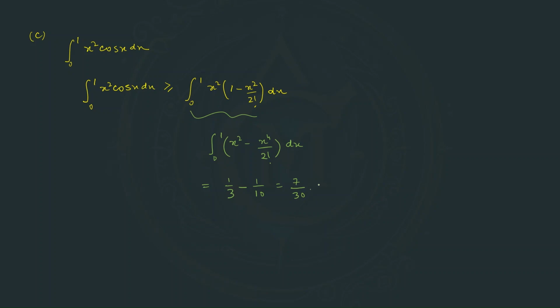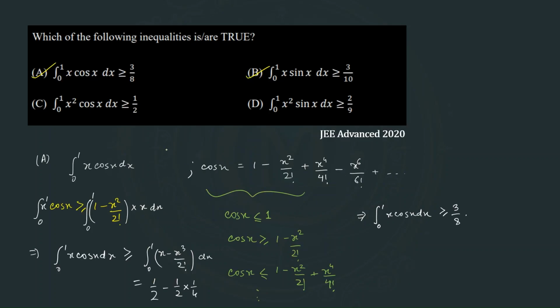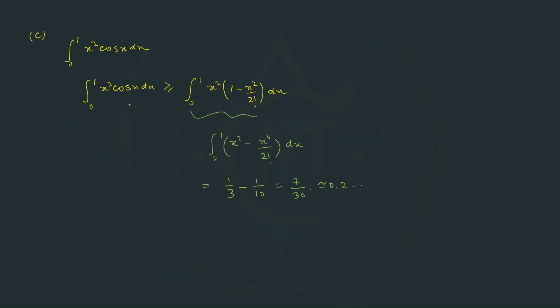Now 7 by 30 is almost 0.2 something. But in the question, it says this integral is greater than or equal to half. So we cannot tell whether this option is true or not by this method. We cannot directly say whether it is correct or not, but we can check by another method. So let us say integral 0 to 1 x square cos x dx. Now this integral will always be less than or equal to integral 0 to 1 x square dx.